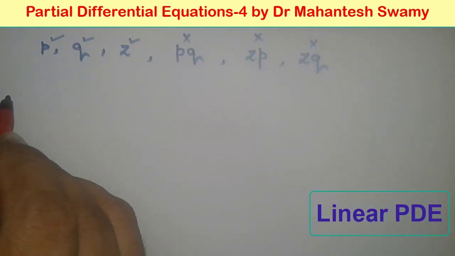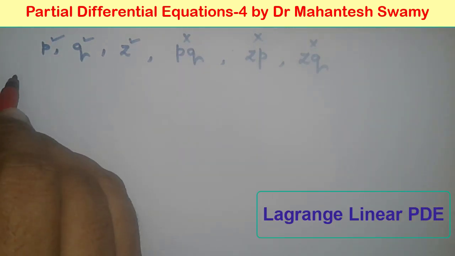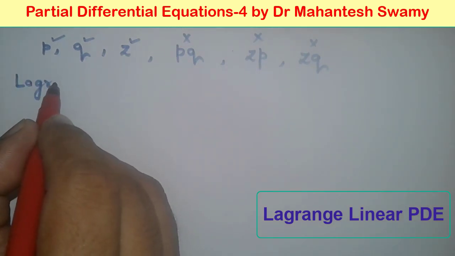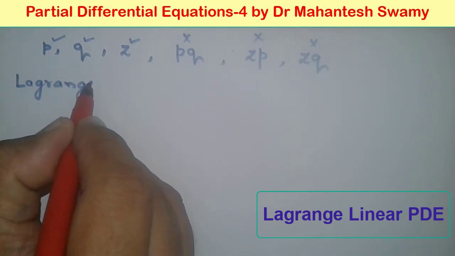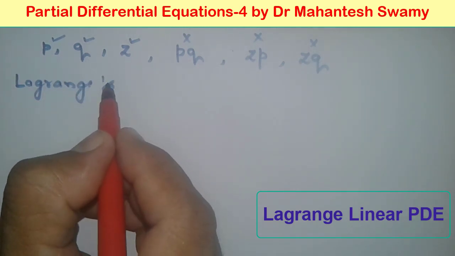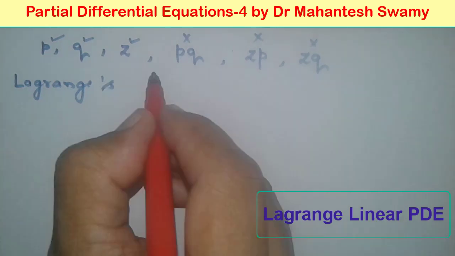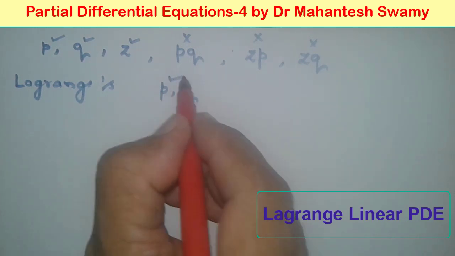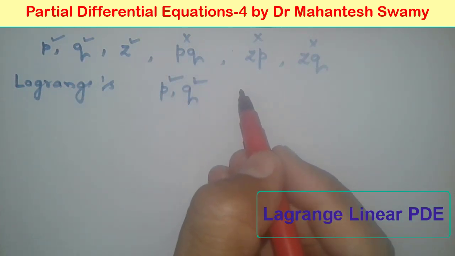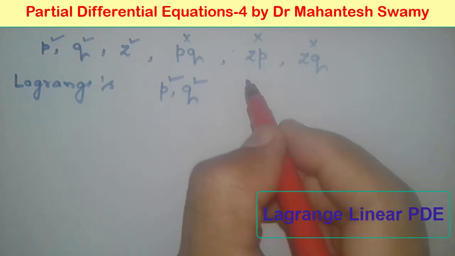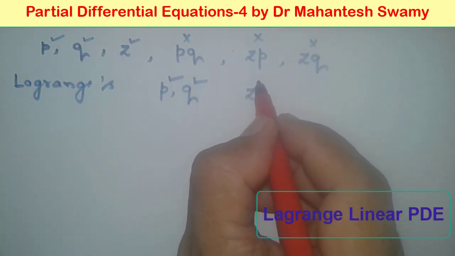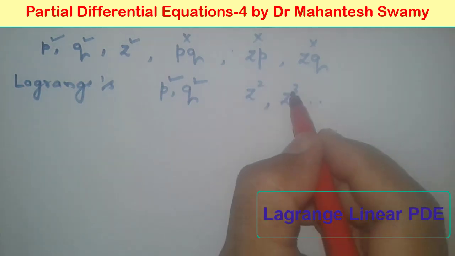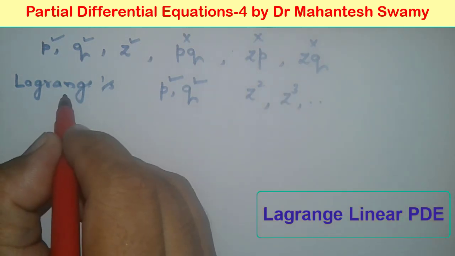But Lagrange linear PDE is a special type of linear PDE. In the Lagrange linear PDE, some relaxation has been given. What has been given? Here only p and q must be of first degree, whereas the dependent variable can be of higher degree, that is there can be z square, z cube, that type of term may be there in the Lagrange linear PDE.